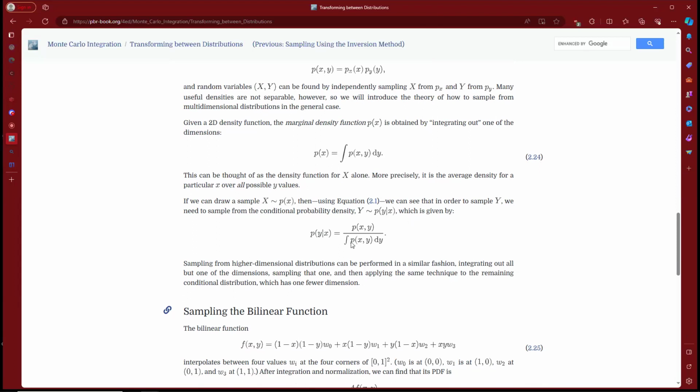Okay, cool. And that's given by this. So that's p of xy over that result from before, that's the p of x. Sampling from higher dimensional distributions can be performed in a similar fashion, integrating out all but one of the dimensions, sampling that one, and then applying the same technique to all the remaining conditional distributions, which have one fewer dimension.